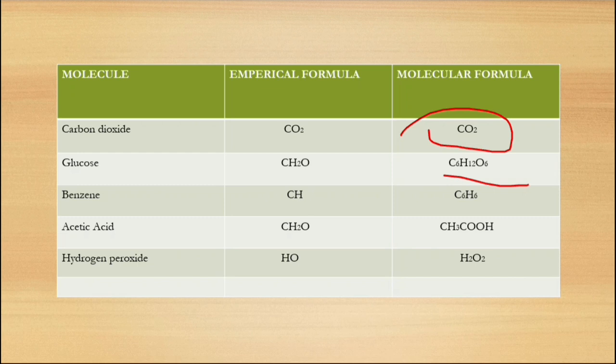Now benzene, C6H6, we have also discussed before. Now acetic acid: CH3COOH is the molecular formula and its empirical formula is CH2O. Hydrogen peroxide has the molecular formula H2O2 and the empirical formula is OH.